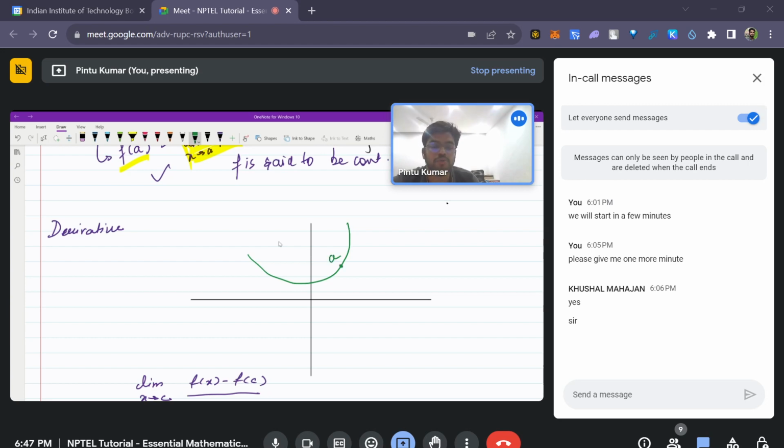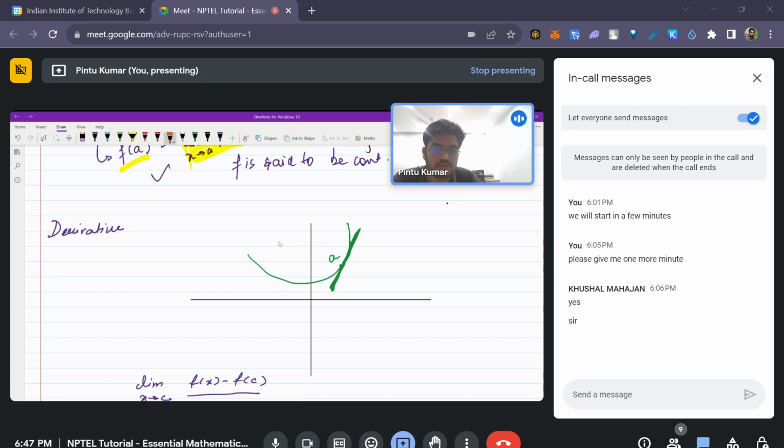Let's say this is point A. Then what is meant by differentiability is that, first of all, there should be a unique tangent at that point, right? And the slope should be defined for that particular tangent. So if you are able to find the tangent at a point, then the function is differentiable at that point.